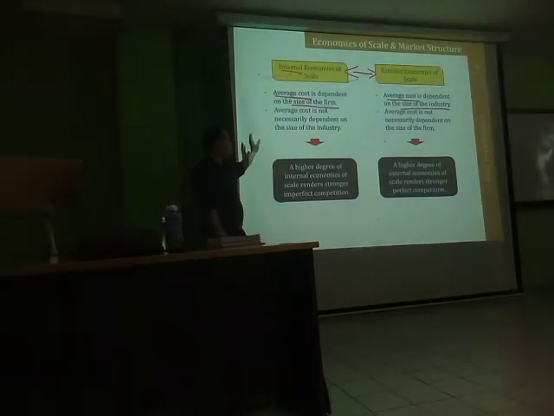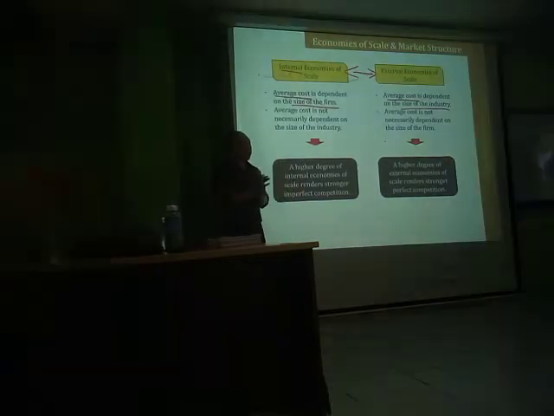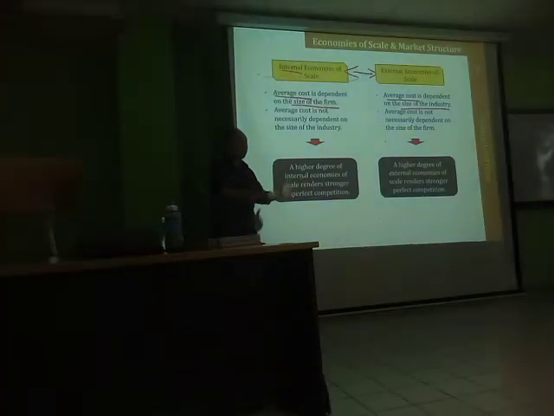Please remember, if the economies of scale is such that average cost is dependent on the size of the firm itself, we can consider this firm is more toward imperfect competition. But if the average cost is dependent on the industry itself, like maybe a new policy or new rules set inside the industry that make the average cost increase, then if you have a firm inside external economies of scale, your average cost will increase according to the rules set for the industry.